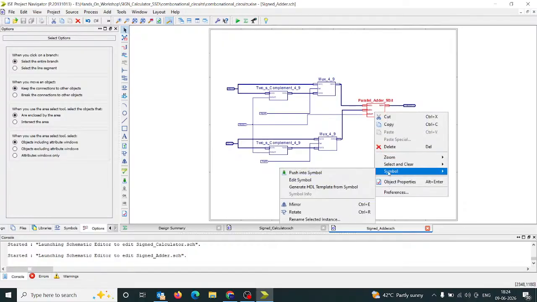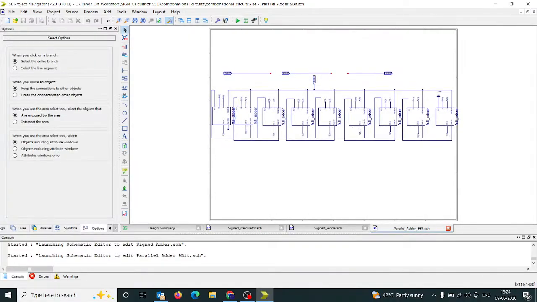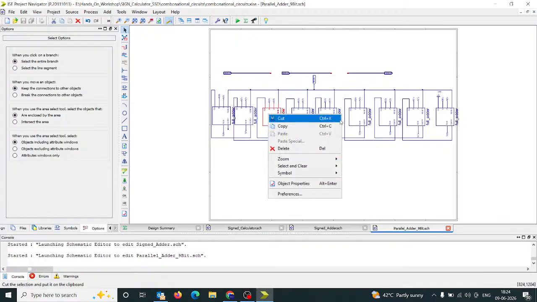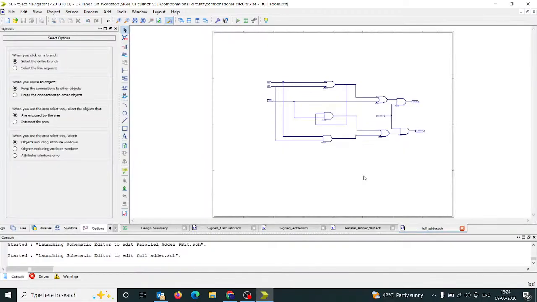So this is again, I'm pushing it more. This is basically an 8-bit adder, and if you remember, we designed this 8-bit adder in our initial classes. We are going to use the same 8-bit adder here.